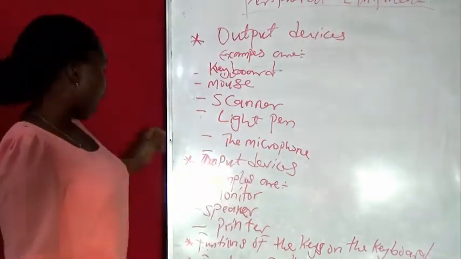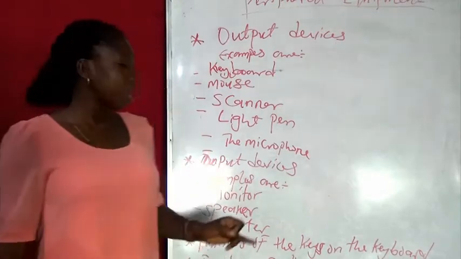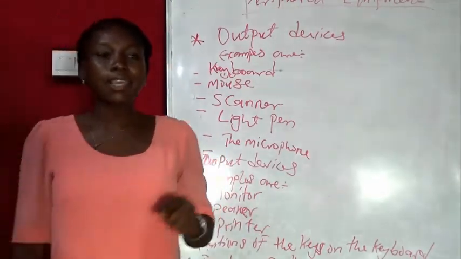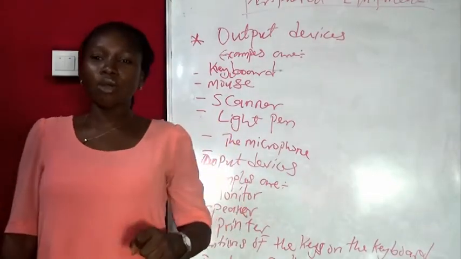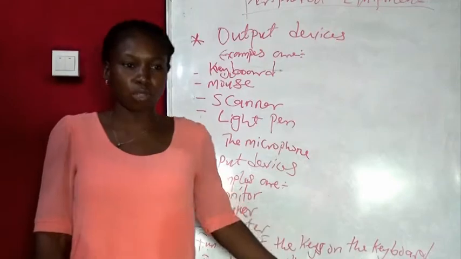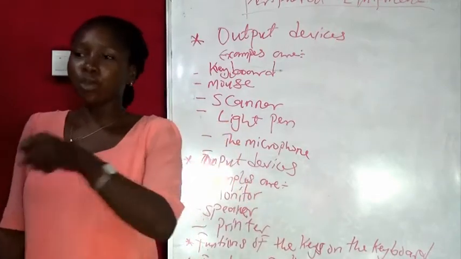We move on to our output devices. What are the output devices? The output devices are the devices that are used with the computer to communicate your results to the users.